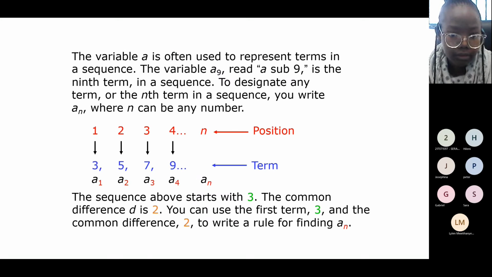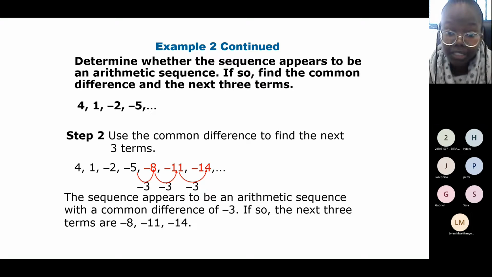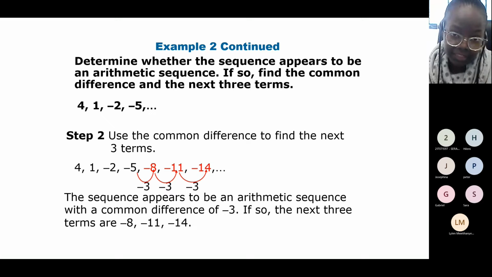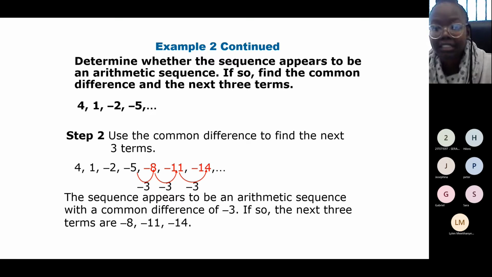The sequence appears to be an arithmetic sequence with a common difference of negative 3. So you keep adding: negative 5 plus negative 3 gives you negative 8. Negative 8 plus negative 3 gives you negative 11. You know that the series is an arithmetic sequence and that your common difference is negative 3, so you add that negative 3 to the last number to get the next terms.